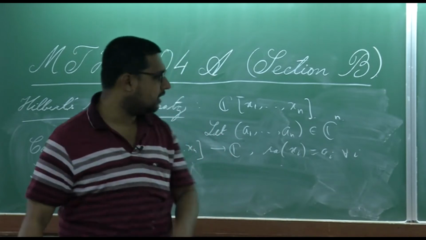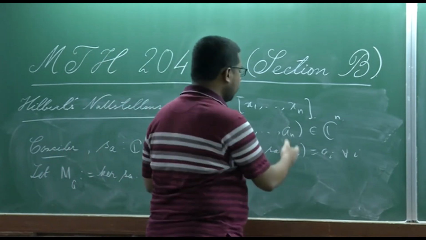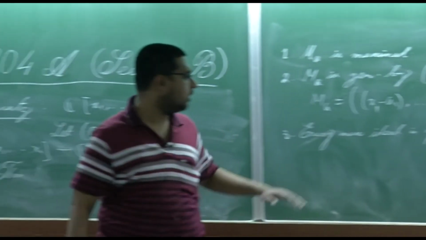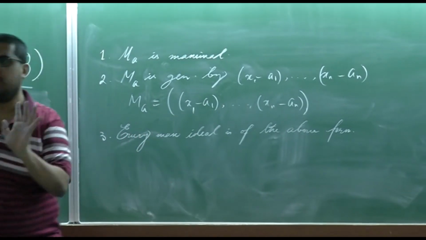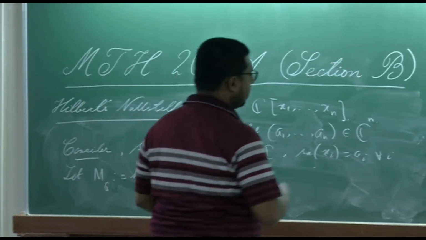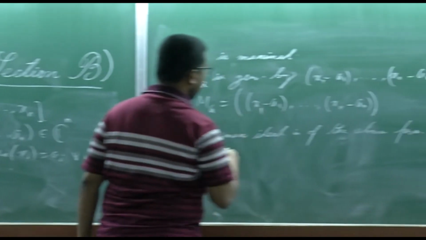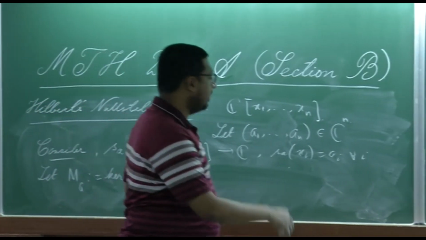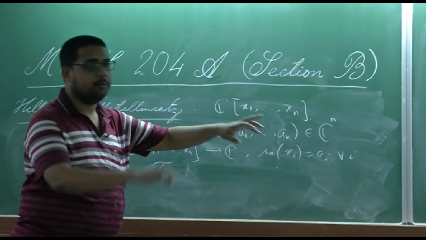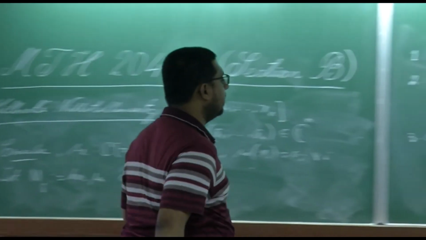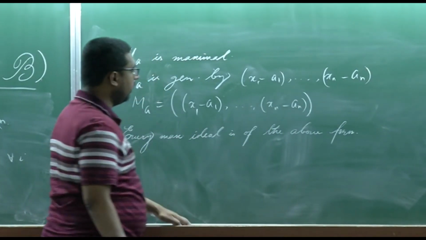One thing is, I think you are convinced that if we have two different points, then the ideals generated by them are going to be different. That is quite clear. I am leaving that part assuming you can see it immediately: if (a1, ..., an) and (b1, ..., bn) are two different tuples, then the ideals formed by them in this manner are going to be different.